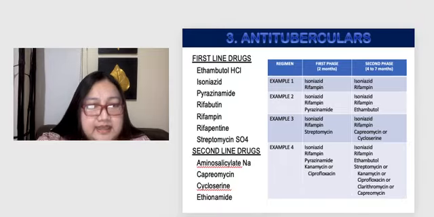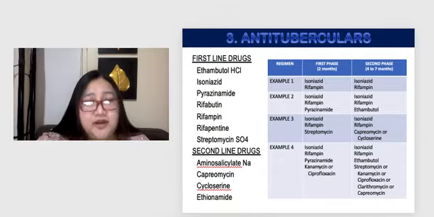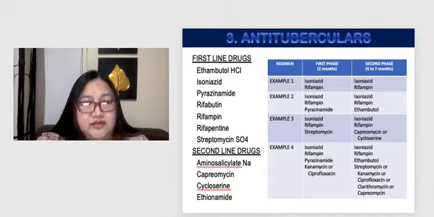Okay? INH is isoniazid, no? So, INH, rifampicin, and streptomycin, those 3 drugs are hepatotoxic. Okay? Ang INH naman, no? Additional sa INH.